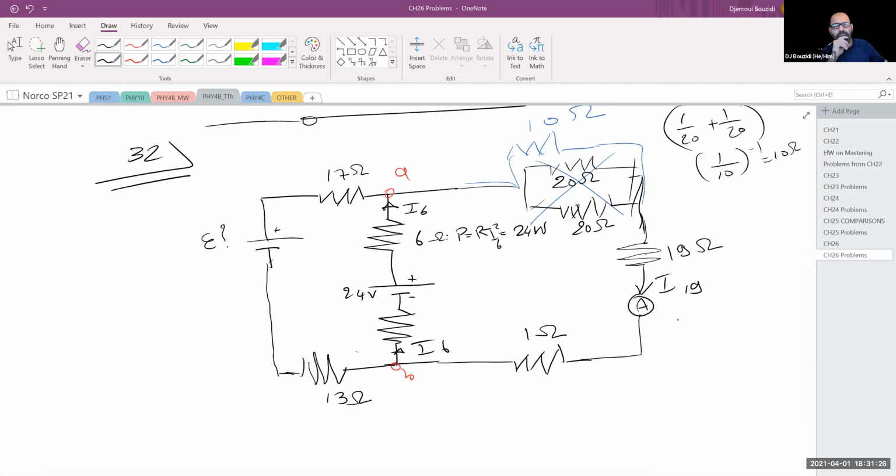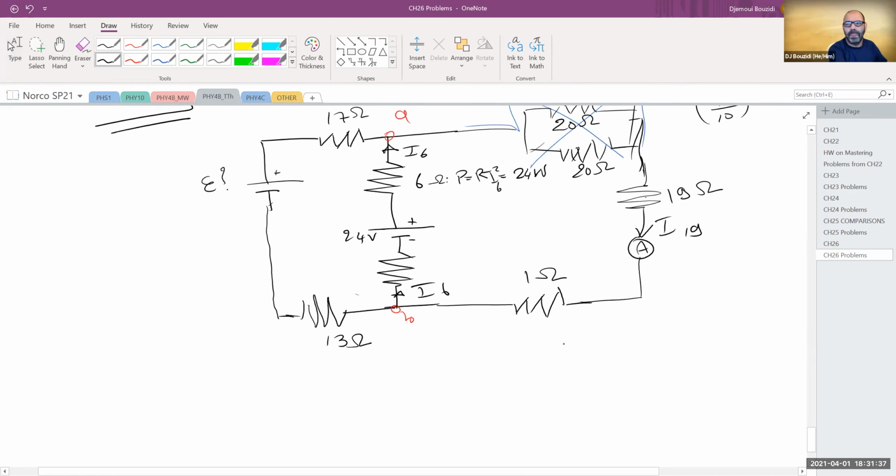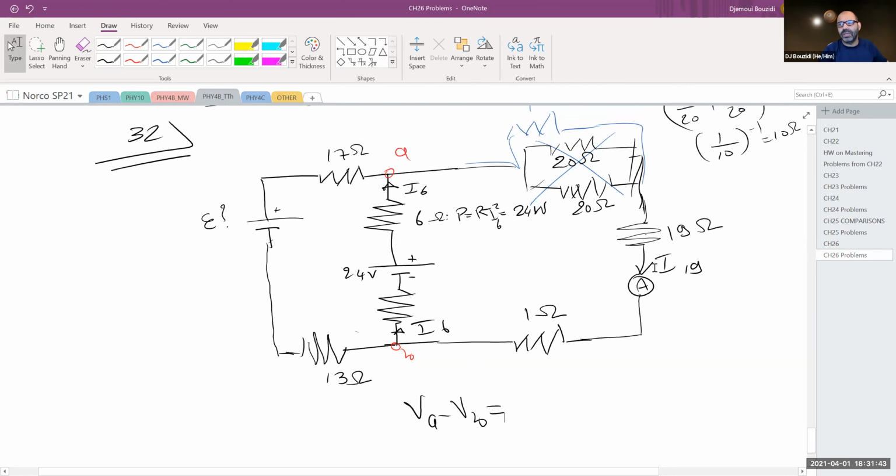Okay. So we need to find the voltage difference between A and B. If we find it, we can find I-19 because we know clearly the following: VAB, VA minus VB, is on one side. I drew the current in this direction because I'm thinking maybe, with a little bit of hope, that this is actually the direction with which the current is flowing, and it has to be, because the current in here is flowing this way.